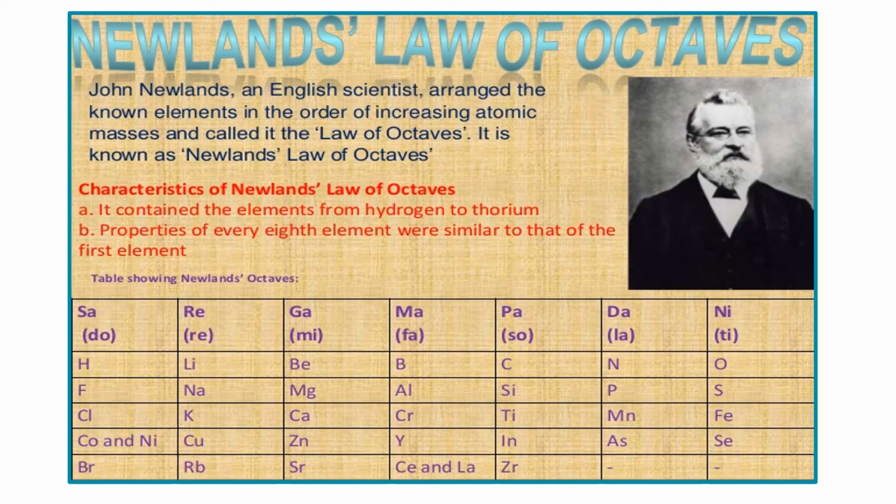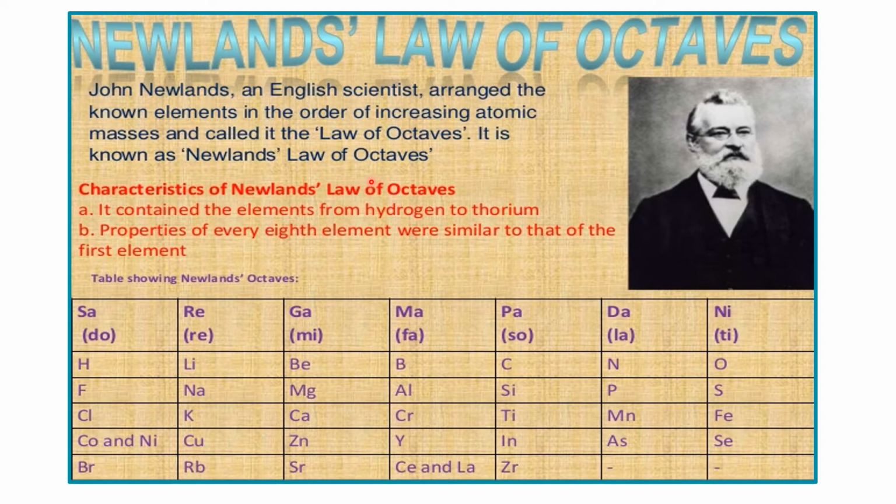Then, to overcome this, the next attempt was made by Newlands, John Newlands. He was an English scientist and he arranged the known elements in the order of increasing atomic masses and called it the law of octaves. It is known as Newlands' law of octaves or Newlands' concept of octaves.